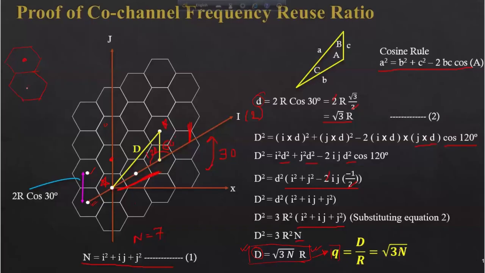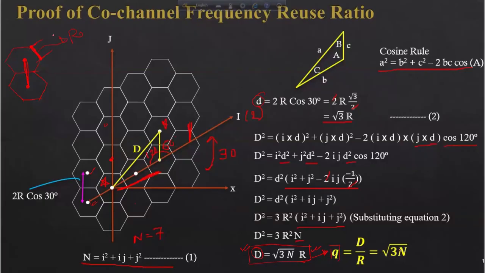This is a cell center, this is another cell center. This distance is denoted by small d. Now, what is the cell radius? This distance is denoted by cell radius, capital R.